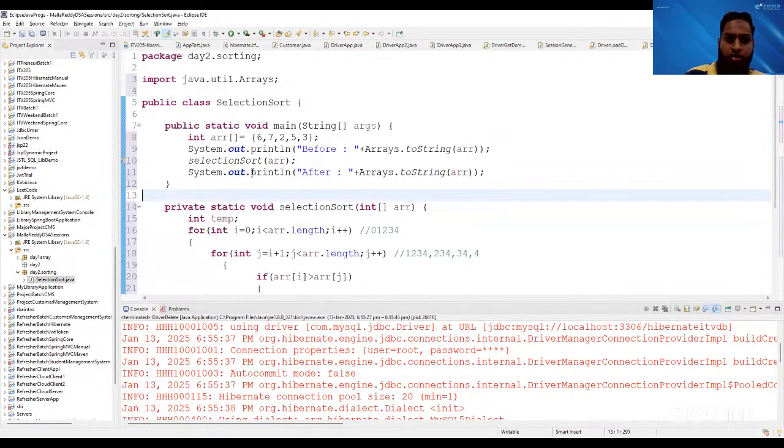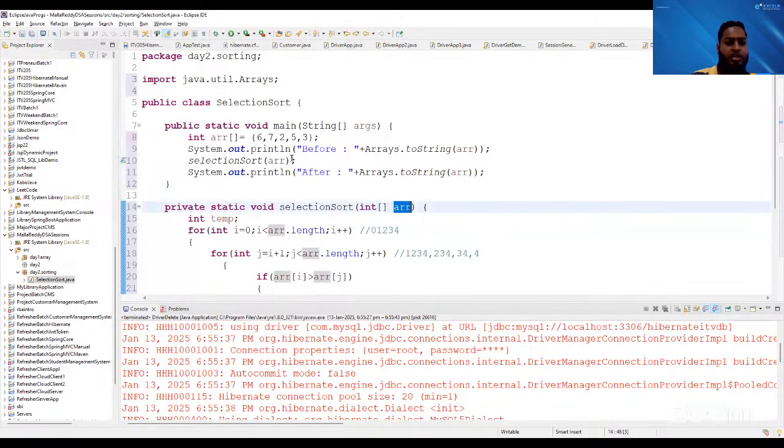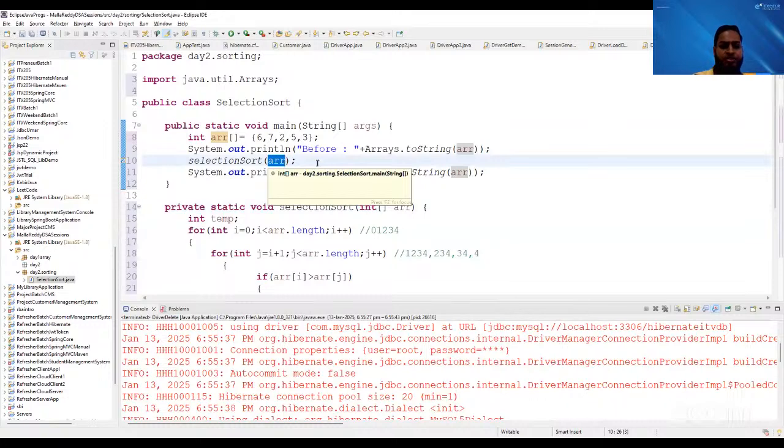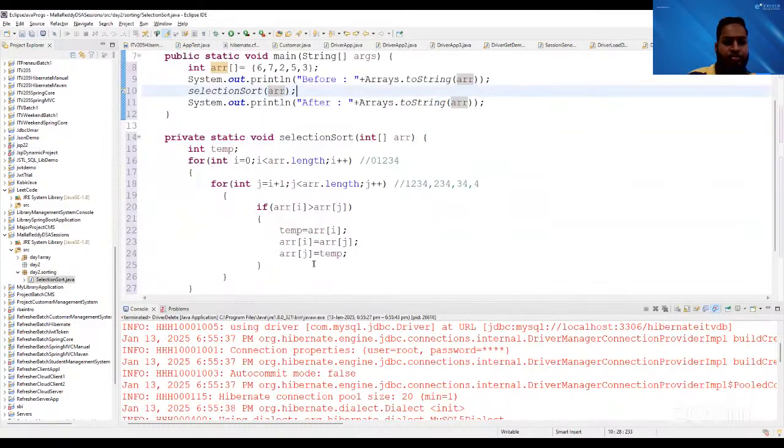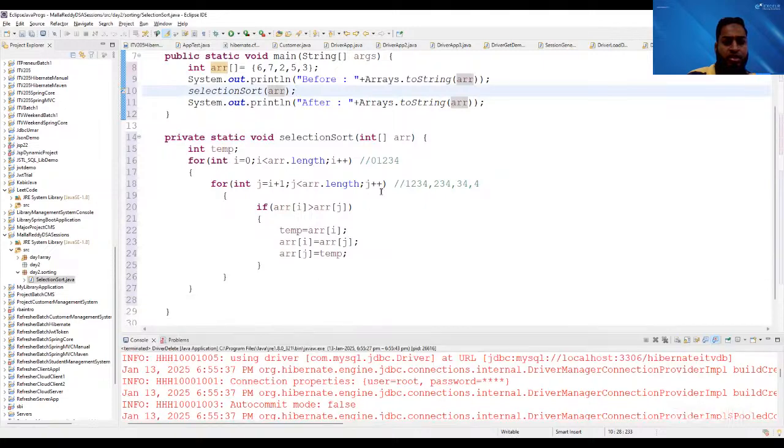Do you know what is call by value and call by reference, guys? Array is a reference type. So if the function is modifying the array, it actually modifies the original array. That is called call by reference. If the changes take place in the formal parameter, the actual parameter also gets impacted.